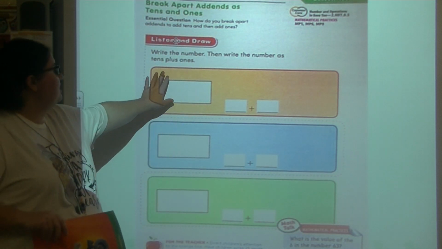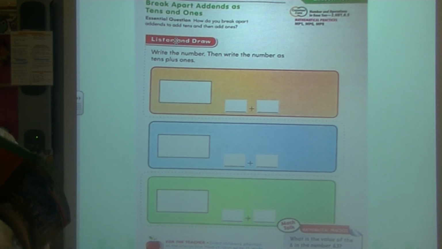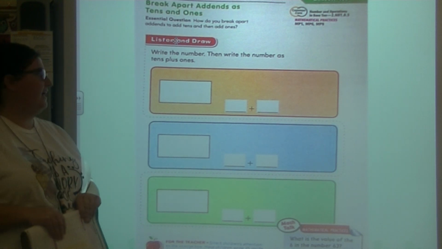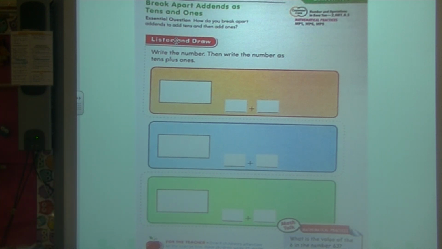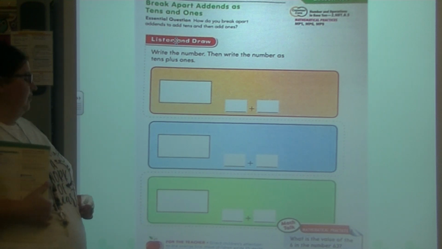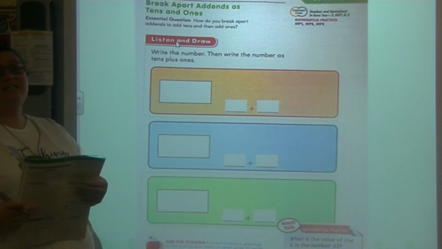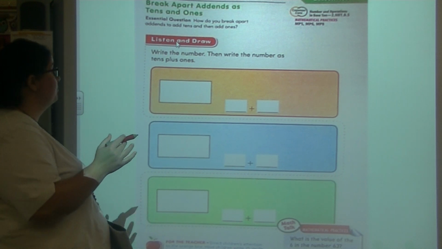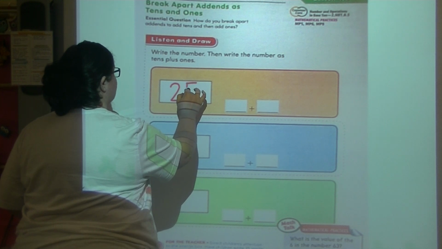All right, so touch this top rectangle. Put your finger in the white box. I want you to write the number 25 in this box. In the number 25, how many tens and ones? 25 has 2 tens and 5 ones.